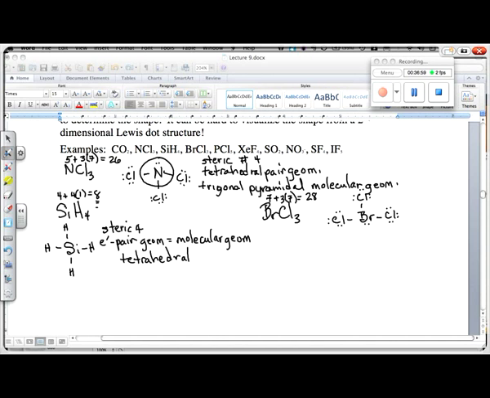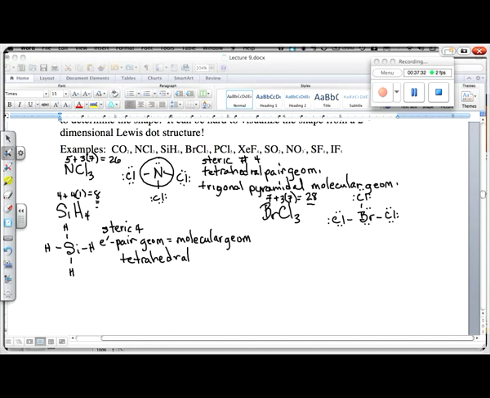Count those valence electrons, and you will see that they come up to 26: 6, 12, 18, 20, 22, 24, 26. I need 28. Step 6 on your card says if you have too few and your central atom is third row and below, which is the case for bromine, I can give this bromine atom 2 more electrons to get up to a total of 28.